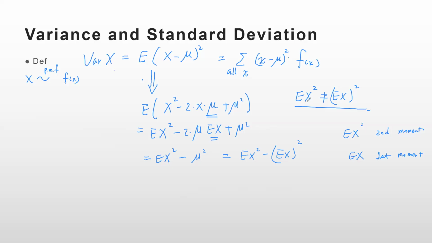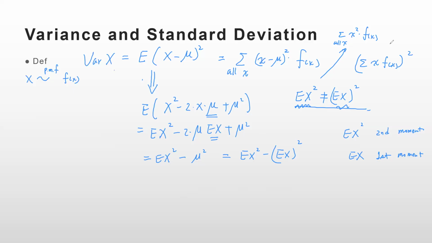If you expand these things, you will see very clearly E of x squared is the summation of x squared times f of x over all x, and this is the summation of x f of x, then squared. They're very different.